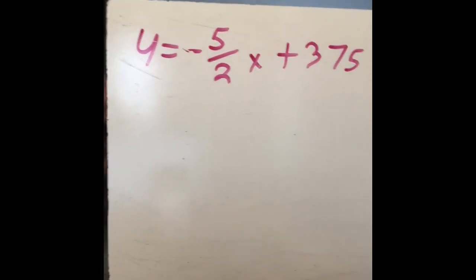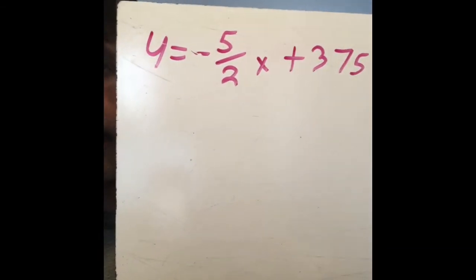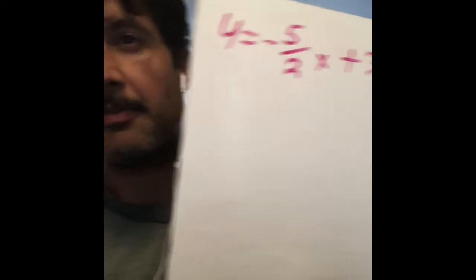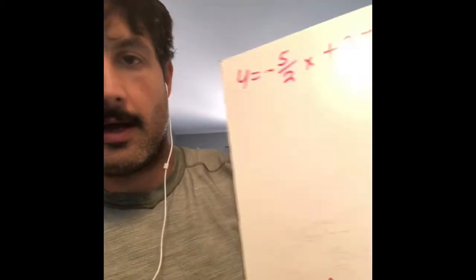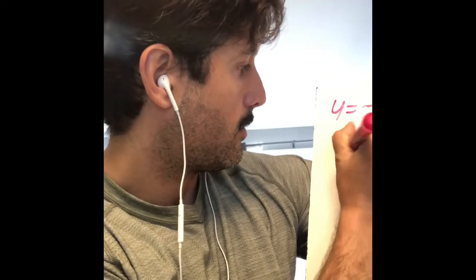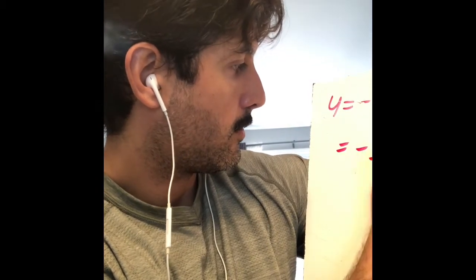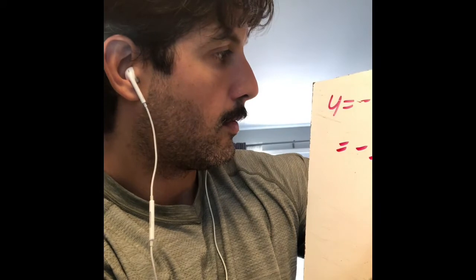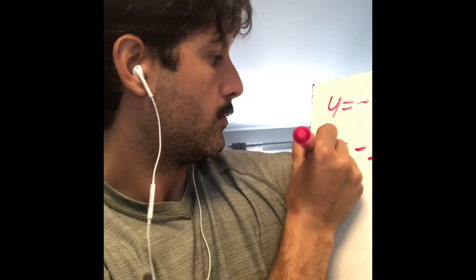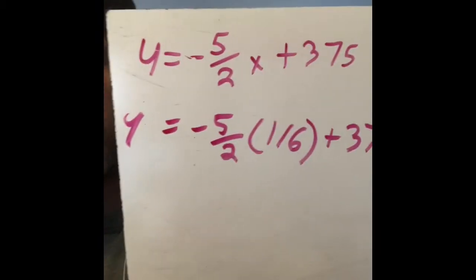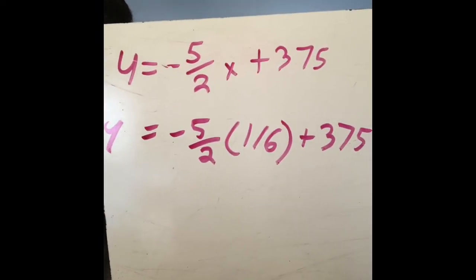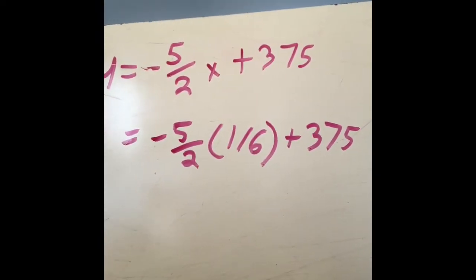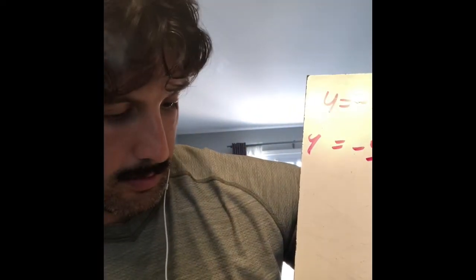We still have the same equation, y equals -5/2 x plus 375, and we need 116 adult tickets. So again, we sub in, so y equals -5/2 times 116 plus 375. So throw that into the calculator.